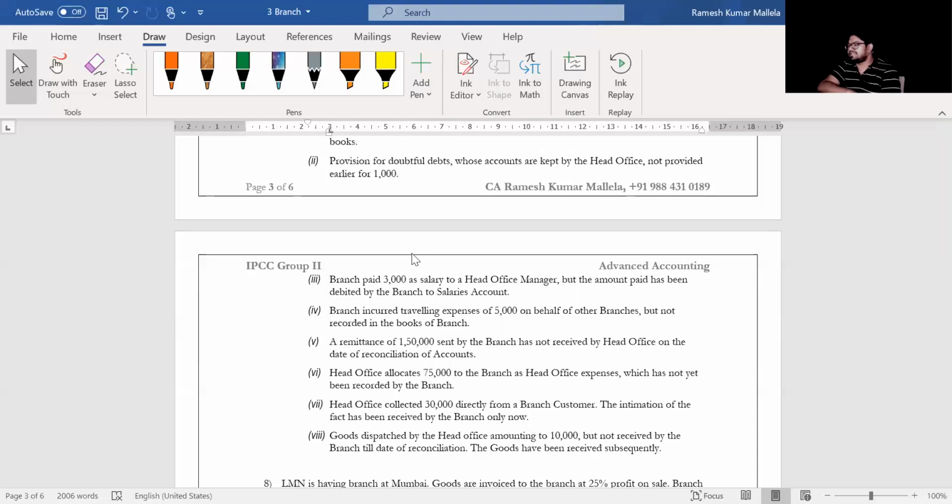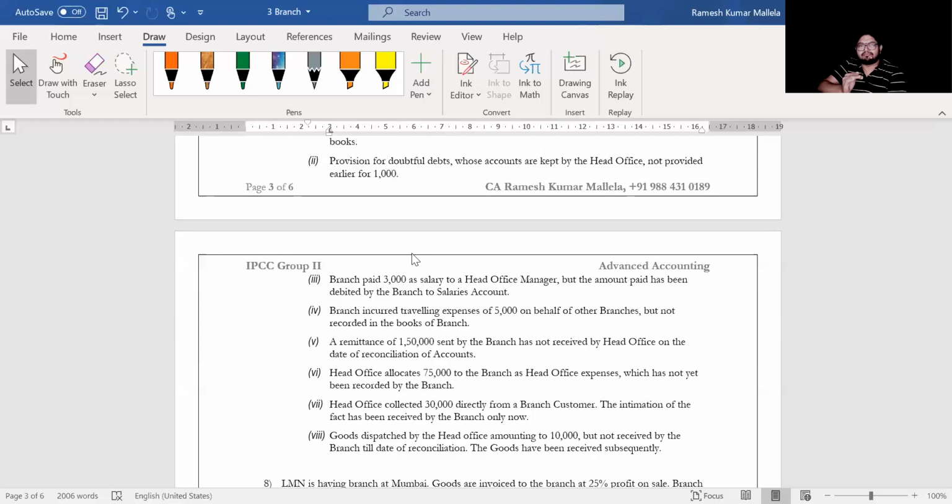Lastly, goods dispatched by the head office amounting to 10,000 but not received by the branch till date of reconciliation. That means head office has sent some goods, and I did not receive.